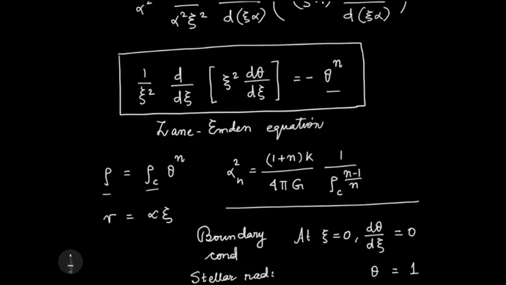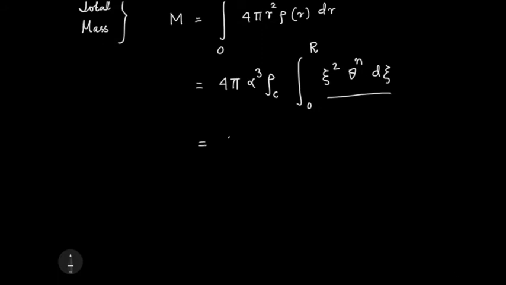I have theta to the power n here, and the xi square, if I bring in the right hand side, I just get d d xi of xi square d theta d xi. So this essentially becomes 4 pi alpha cube rho c d of xi square d theta d xi.